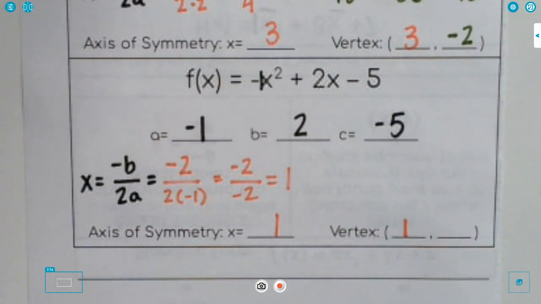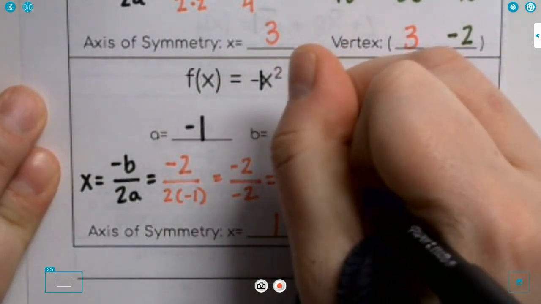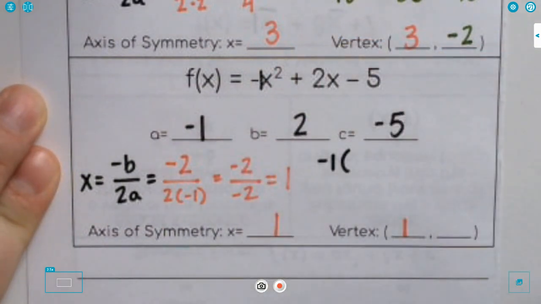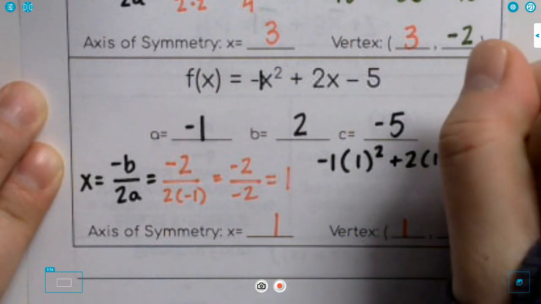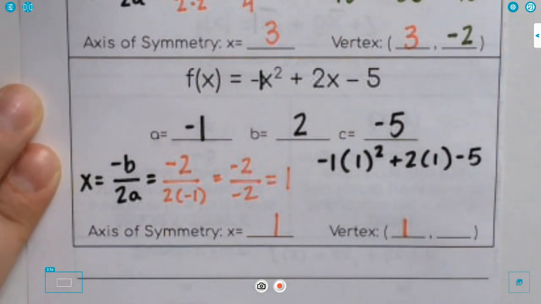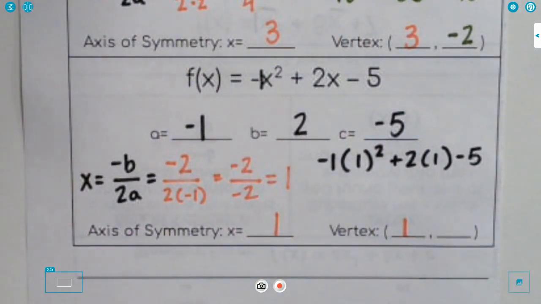Okay, finishing out, I need to plug in that x equals 1. I need to plug it in for x. So it's going to be negative 1 times x squared, so that's 1 squared, plus 2 times 1, minus 5. I can do it both ways.